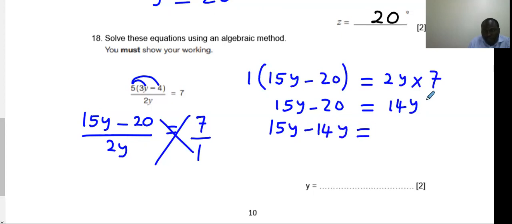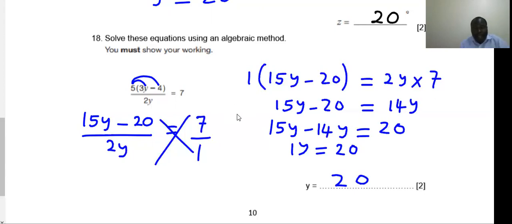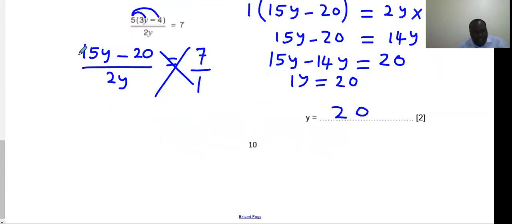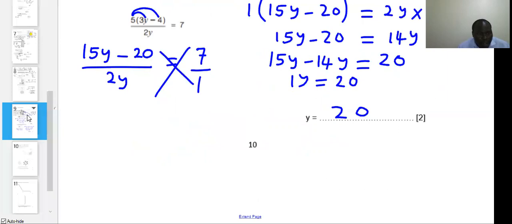This is negative 20; when it goes there, it will be positive 20. 15y minus 14y is 1y, which is just y, and y equals 20. So y is 20. All right, so far so good.